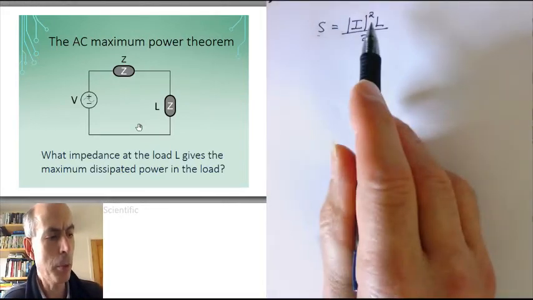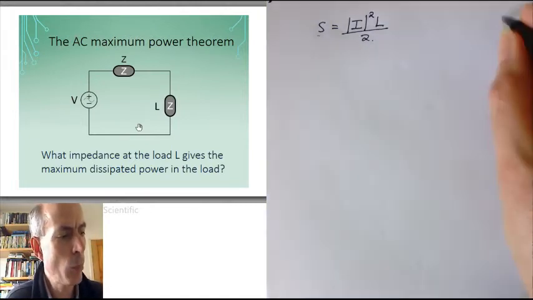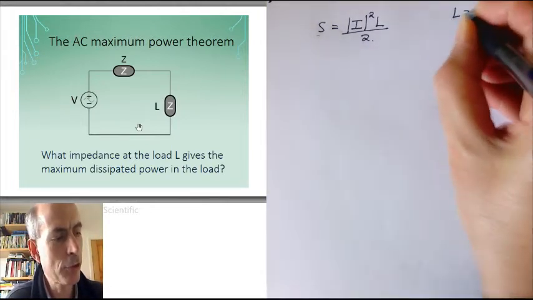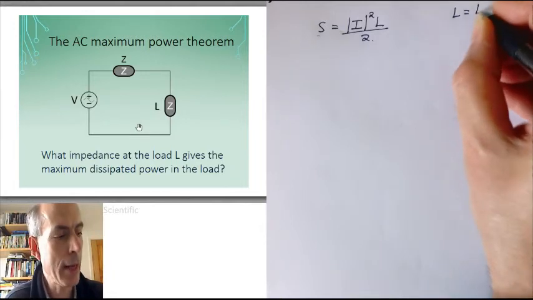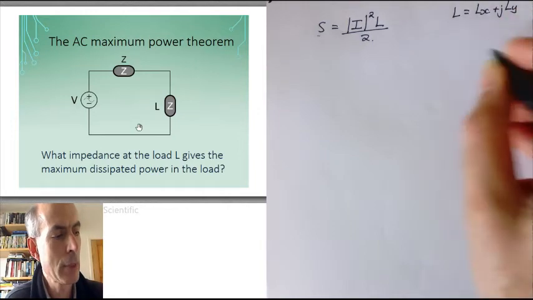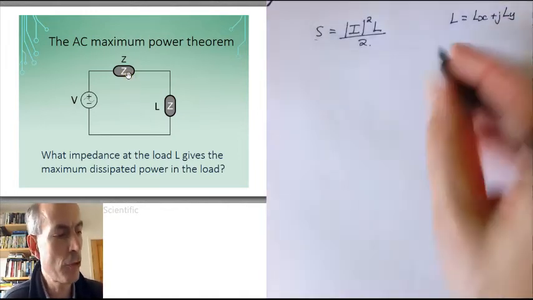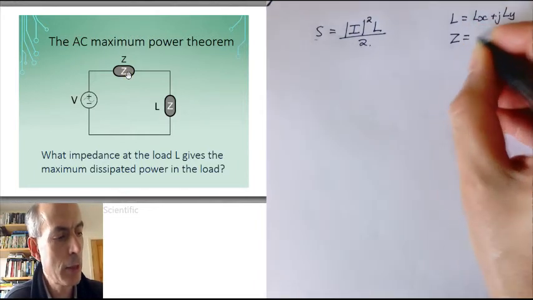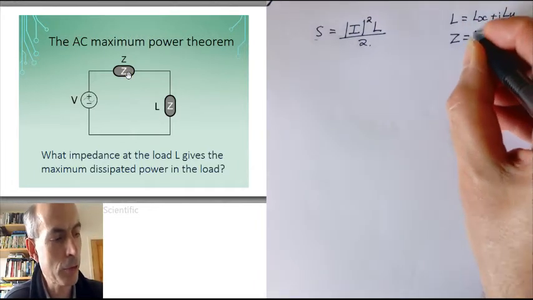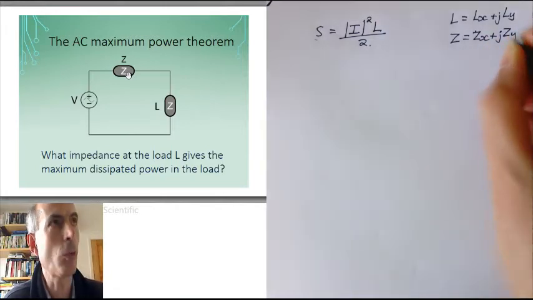Now, the real part of L, we could write L as its real part, Lx, and an imaginary part, Ly. And similarly, we'll do the same thing with the source impedance Z. We'll write Z in terms of its real part, Zx, and its imaginary part, Zy.